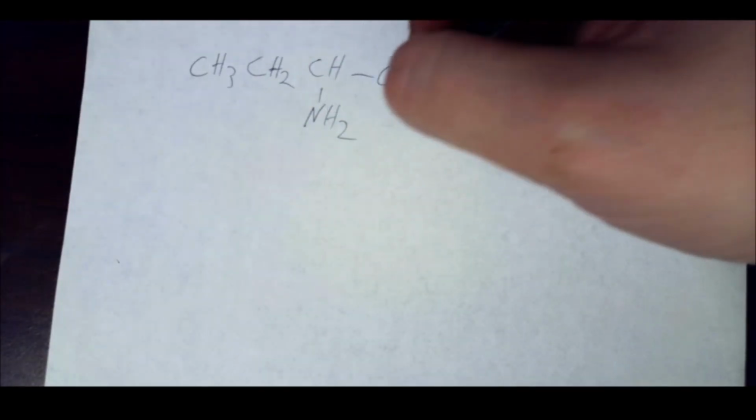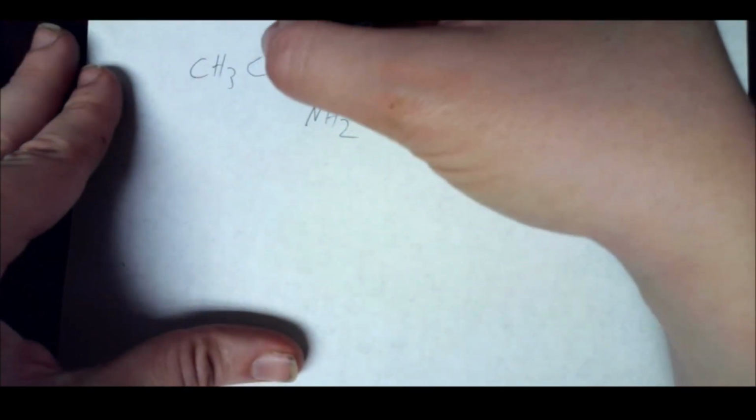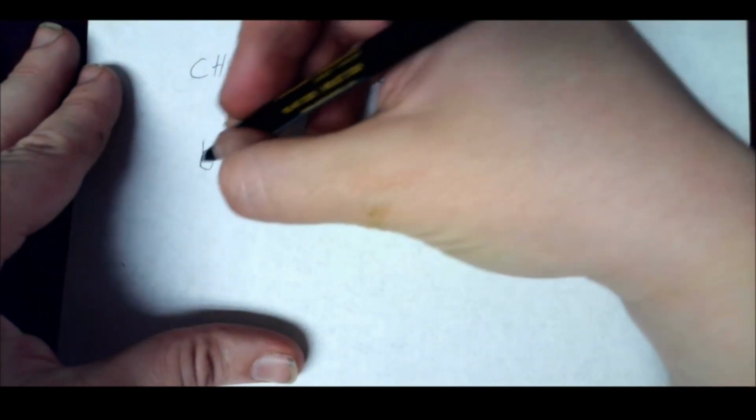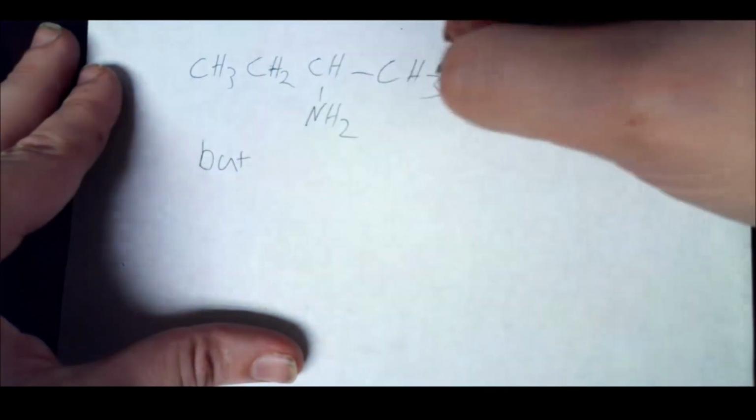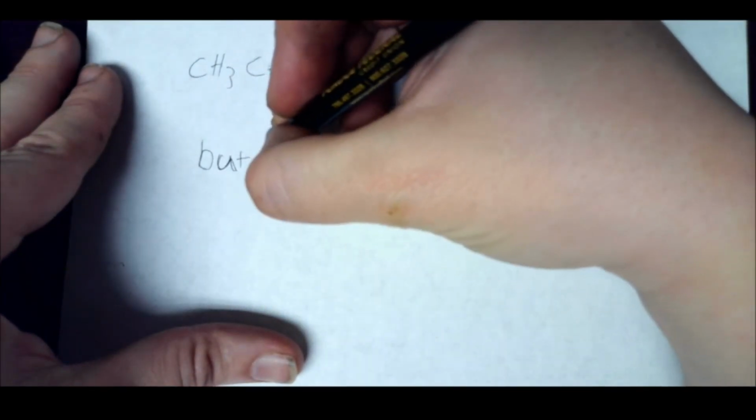So there are 4 carbons in this amine. The first thing to note is that 4 carbons, the longest carbon chain, gives the base name of but, a butyl, a but. And so because of this, it's going to be a butamine.